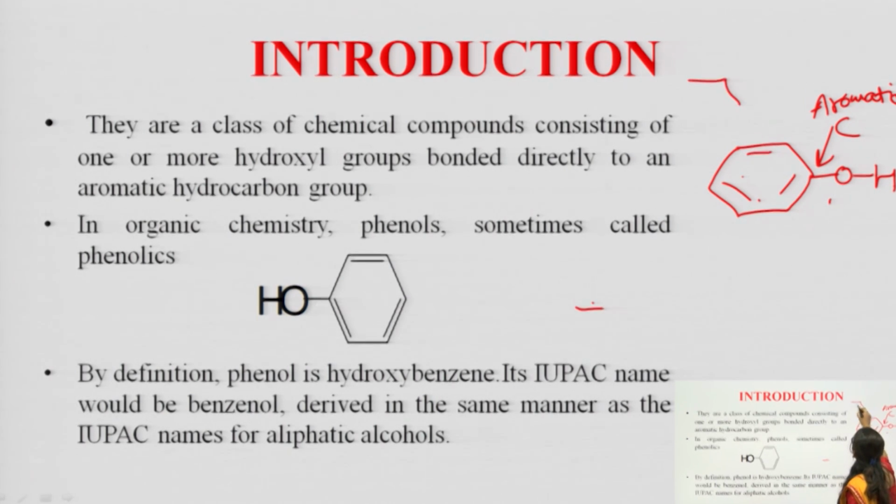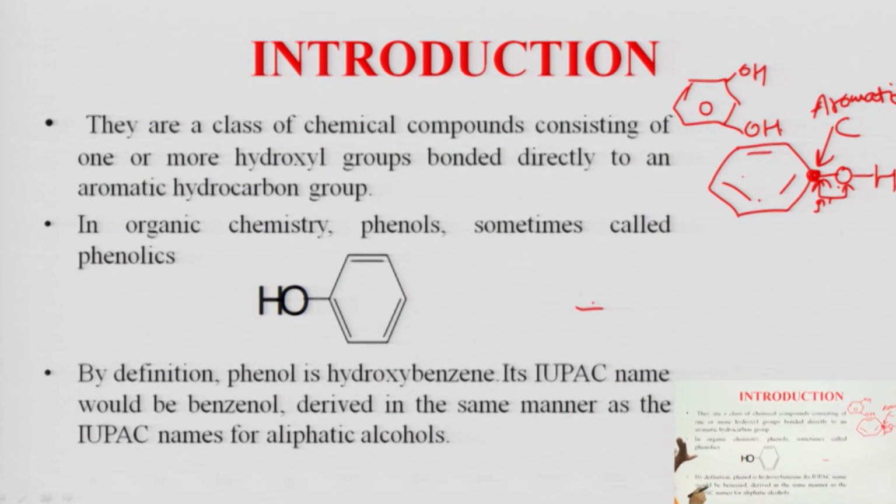Suppose we attach one OH group here and another OH here, we will also call it phenol. So in phenols one or more hydroxyl groups are bonded directly, meaning the aromatic carbon is directly bonded to the oxygen of the hydroxyl group of an aromatic hydrocarbon group. The structure of phenol is like this: a benzene ring to which the OH group is attached directly.